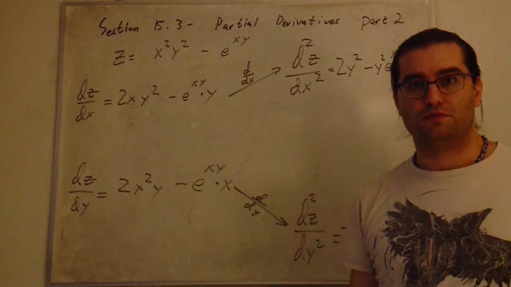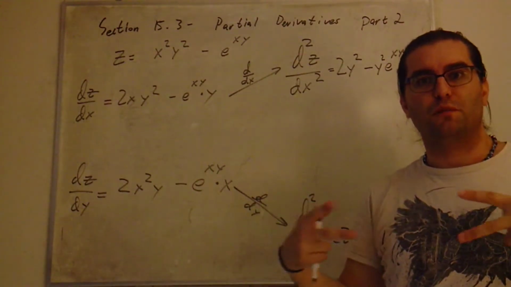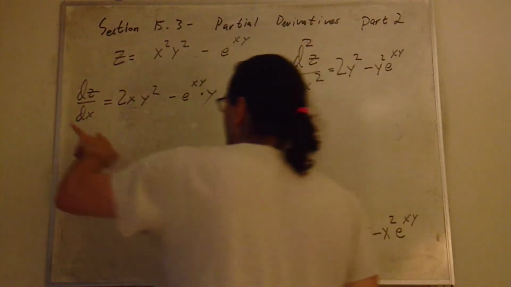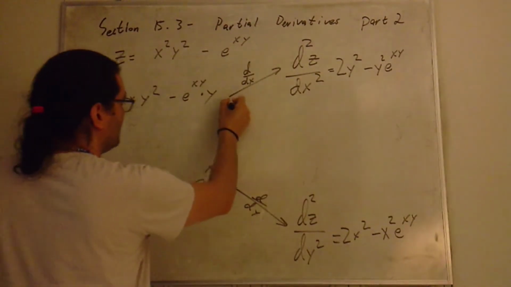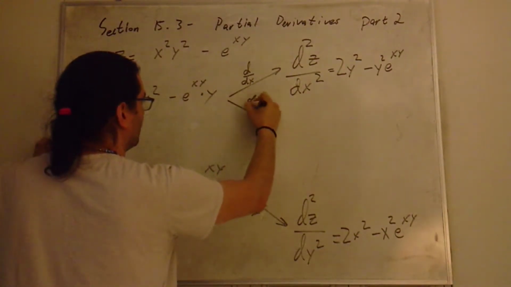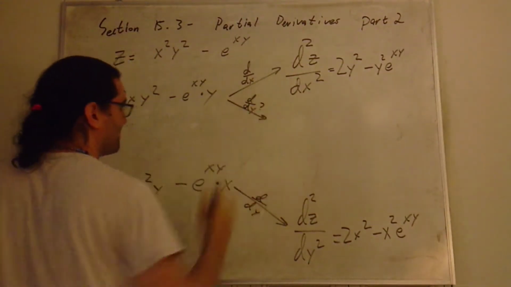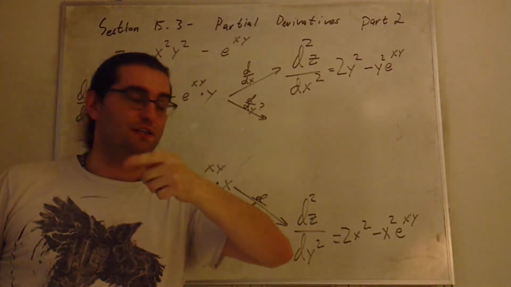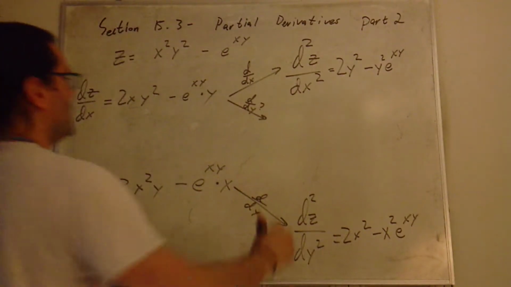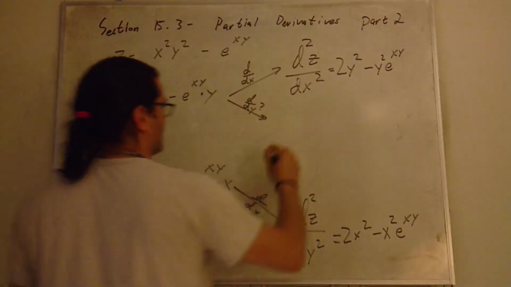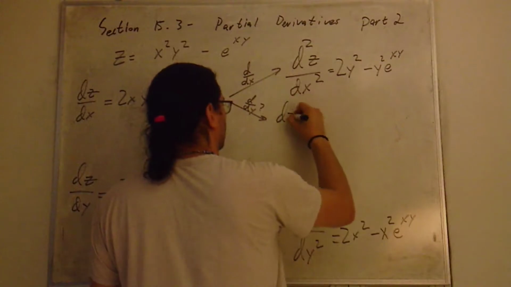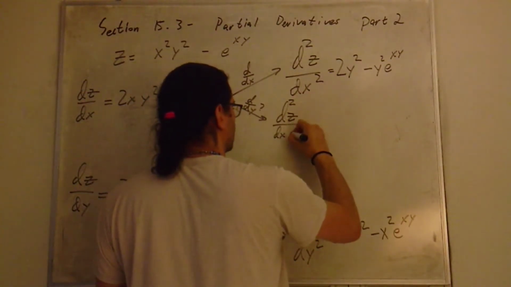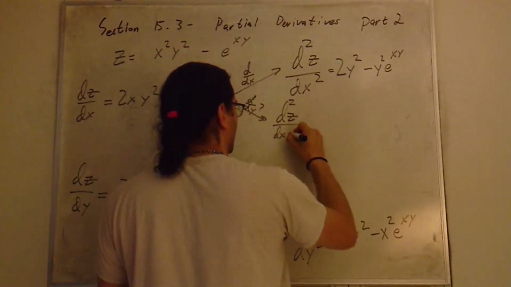So now the question becomes, what happens if we start mixing these partials together? What happens if you take the derivative with respect to x and then you take the derivative with respect to y? Let's find out. I'm glad you asked. If we take the derivative with respect to x and then with respect to y, we're going to call that the second derivative of z with respect to x and y.